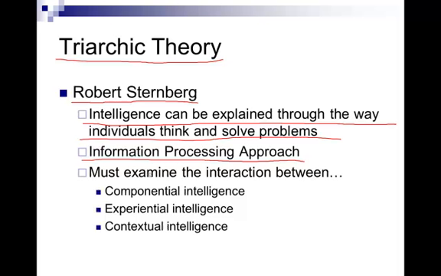And in order to look at that processing, we have to examine the interaction between three things: componential intelligence, experiential intelligence, and contextual intelligence. Now, let me go over these here.